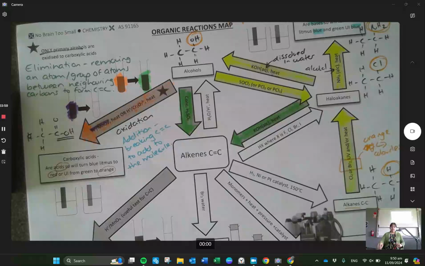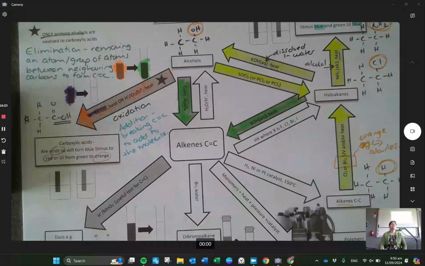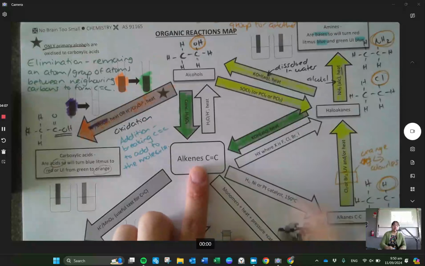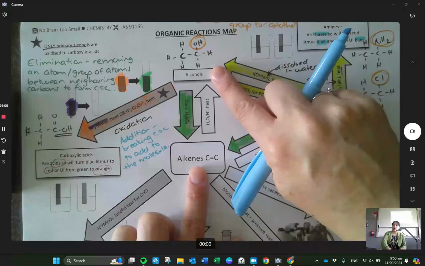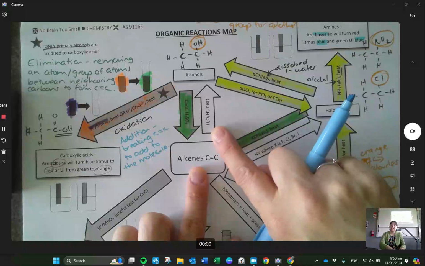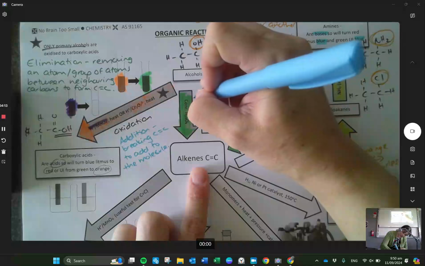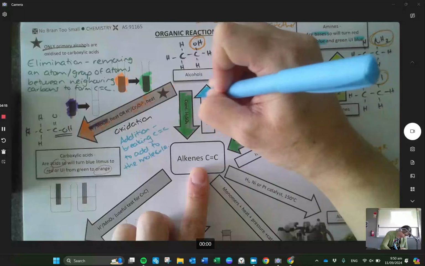A lot of the namings make sense. We have lots of options for addition reactions here. If I want to go from an alkene to an alcohol, we need acidified water. That's an example of an addition reaction.